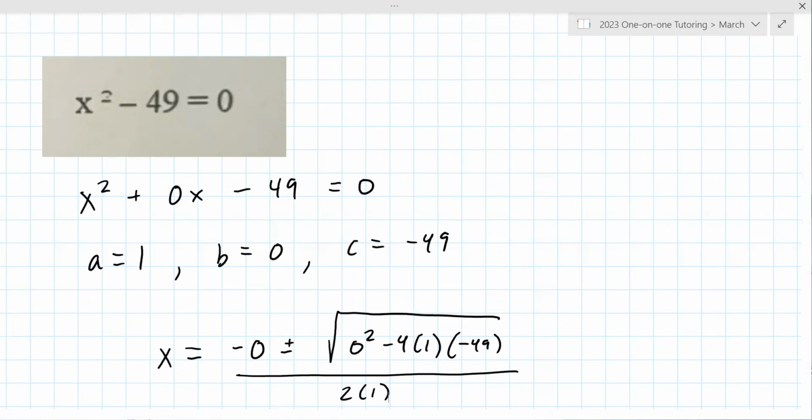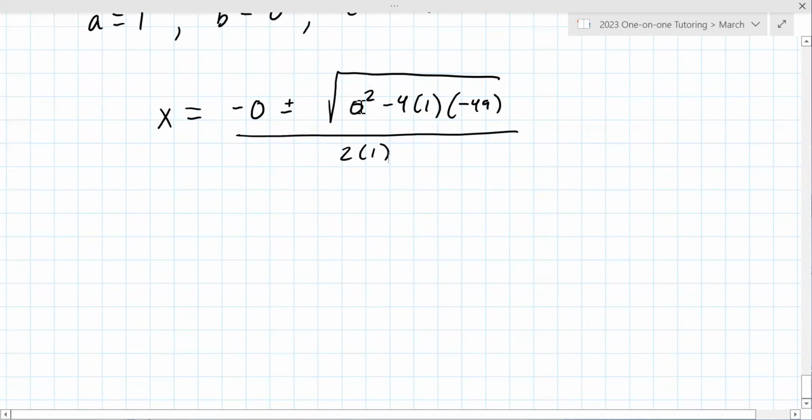All right. So now this part under the square root, that's the one that's most difficult. The 0 squared is 0. 4 times -1, -4 times -49 is 176. Okay. Yeah, or I'm sorry, positive 176.